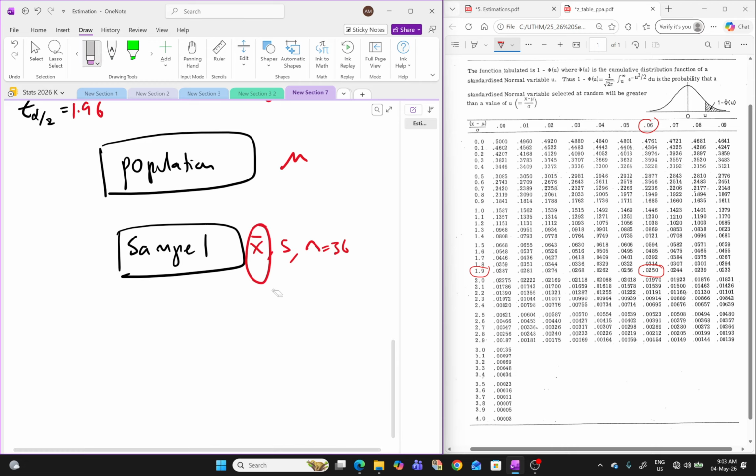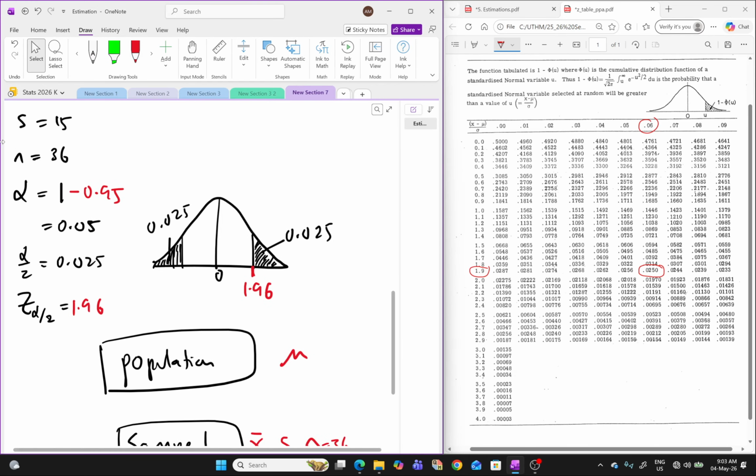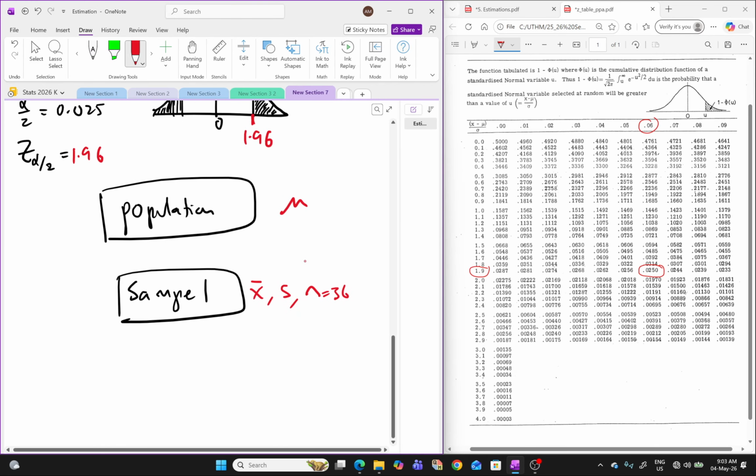Saya cari dia punya purata, saya cari dia punya standard deviation dan beberapa lagi dekat sini. Untuk apa? Untuk estimate. Yang ini, anggaran. Boleh faham? Daripada sampel saya buat anggaran. Bukan tepat, dia anggaran saja.